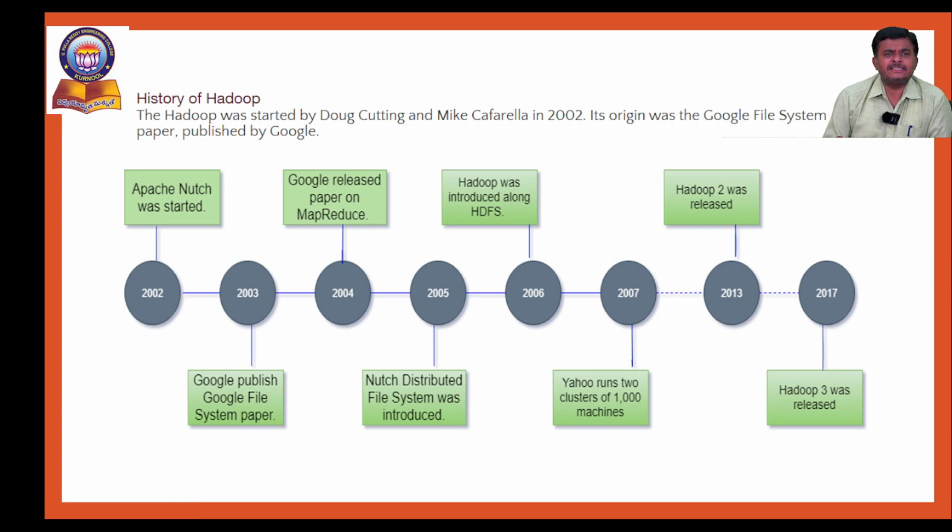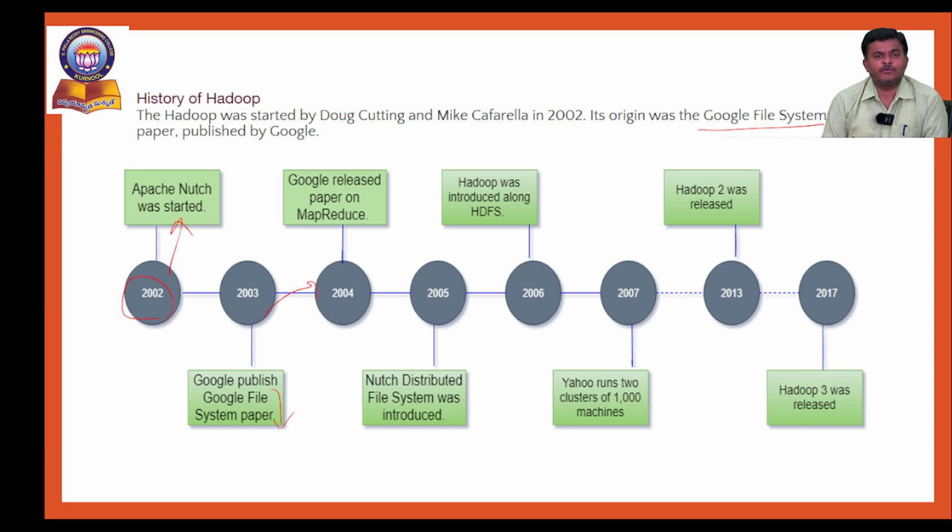We'll see the history of Hadoop. Hadoop was started by Doug Cutting and Mike Cafarella in 2002. Its origin was the Google File System paper published by Google. In 2002, first came Apache Nutch, which was started that year. Later, Google published the Google File System paper.